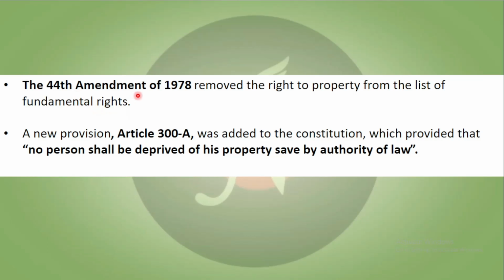Now came the 44th Amendment Act of 1978. It removed the right to property from the list of fundamental rights. A new provision, Article 300A, was added to the Constitution, which provided that no person shall be deprived of his property save by authority of law.